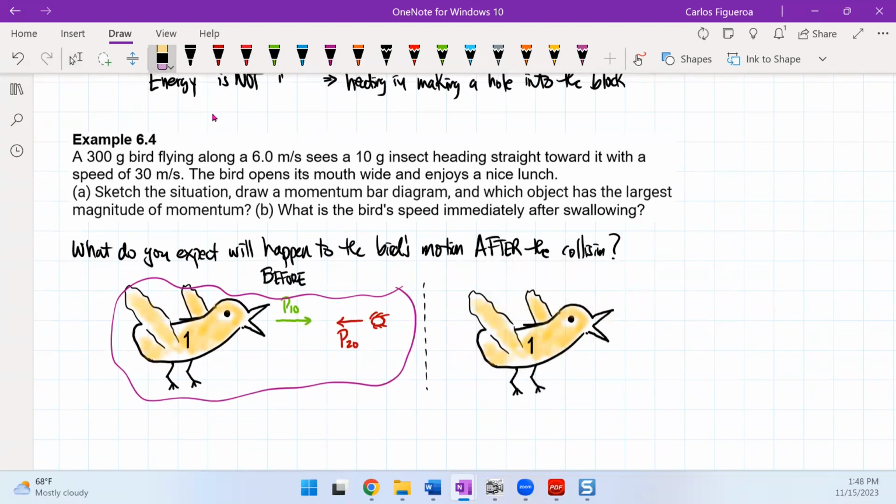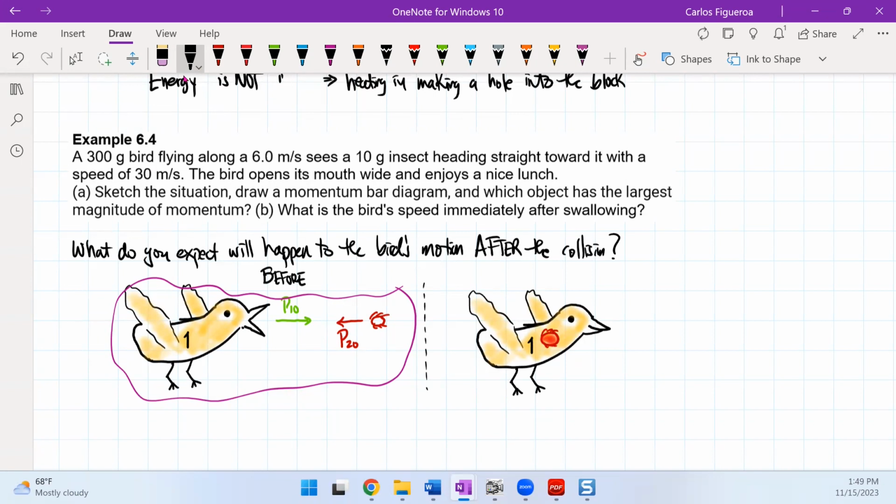But the big difference now is that the bug is now inside the bird. And of course, we got to be careful here because the bird doesn't need to have its beak open anymore. So we're assuming here that the bird is now a happy bird.